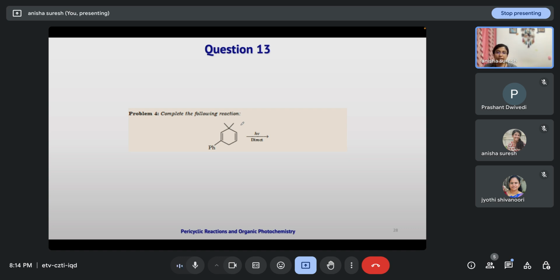So it will be undergoing a di-π-methane rearrangement.